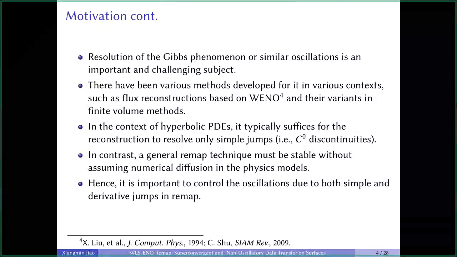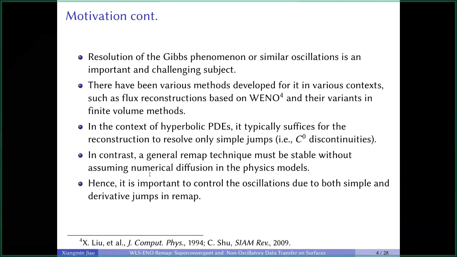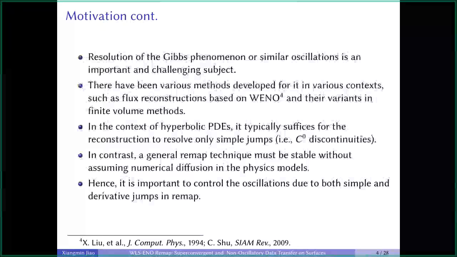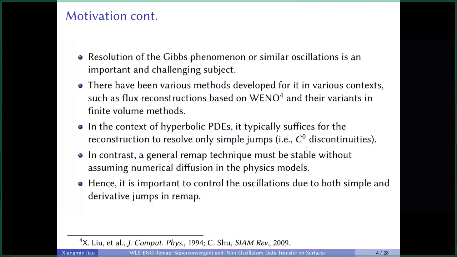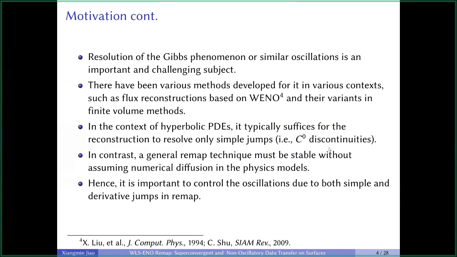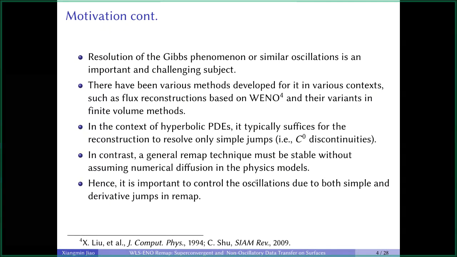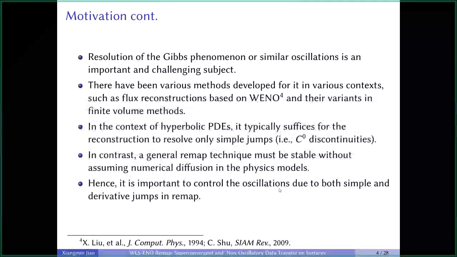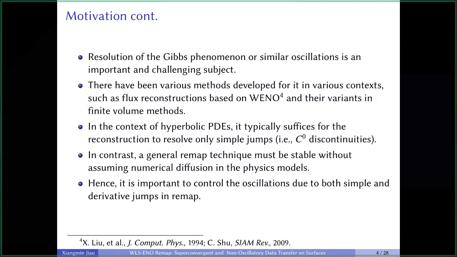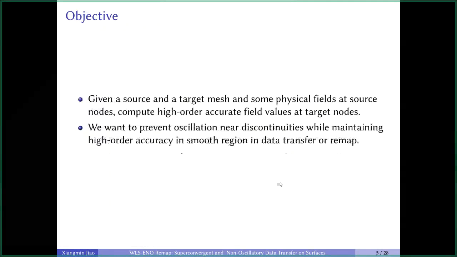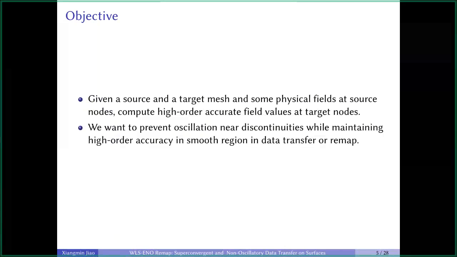However, in the context of remap, we don't make assumptions about numerical diffusion in the physics models, and hence we need to resolve both C0 discontinuities and C1 discontinuities, or simple and derivative jumps. So in that sense, it's actually harder to achieve non-oscillatory behavior in remap than in PDEs.